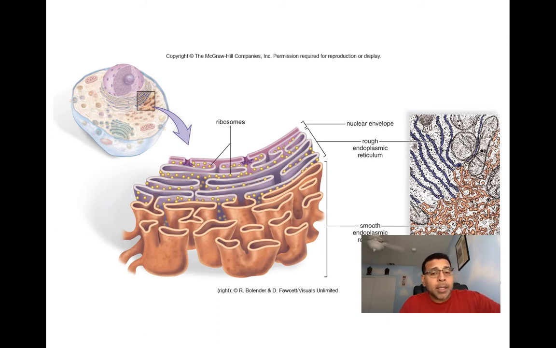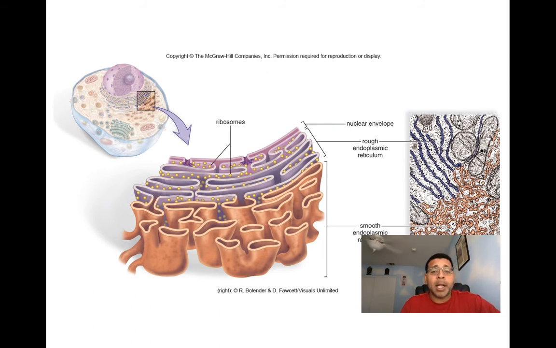You'll see its functions are going to vary when you go from cell to cell. In the testes, smooth ER produces testosterone. In the liver, smooth ER is responsible for detoxifying drugs.